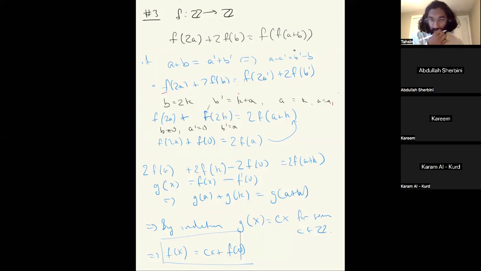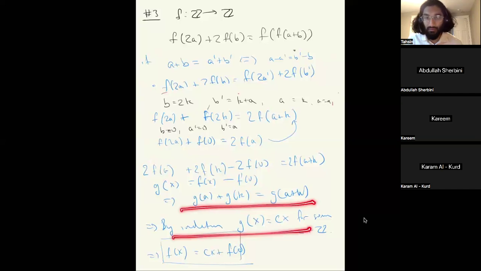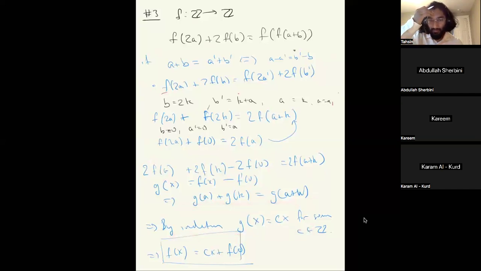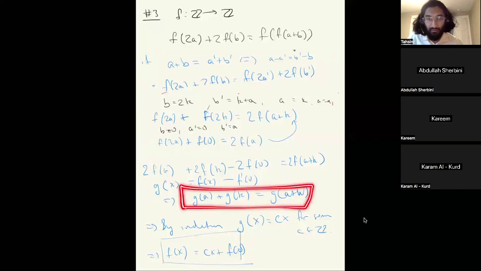But I didn't get how we solved that g was linear. How did we get that g is linear? Are you asking how we got this or how we got the second one? Does it make sense how we got this? Yes.